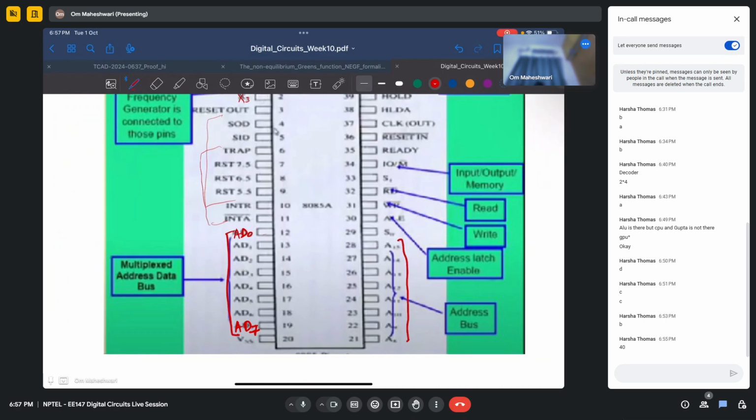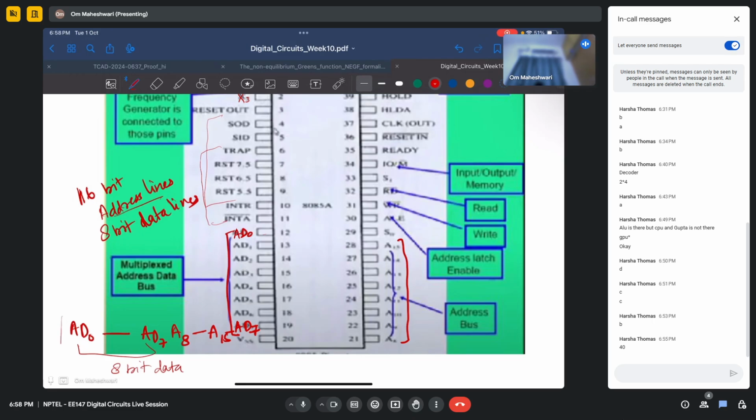Rest, we have total 16-bit address lines and 8-bit data lines. So we have AD0 to AD7, then we have A8 to A15. So it is like 16 bits of address and 8 bits of data.